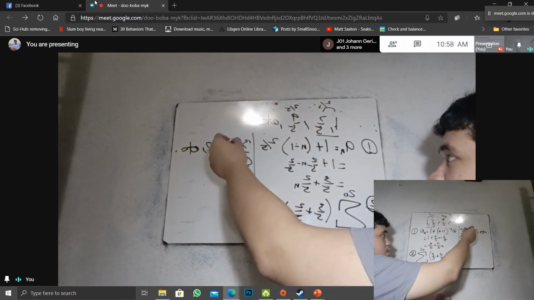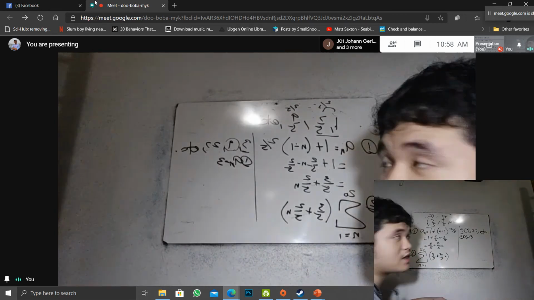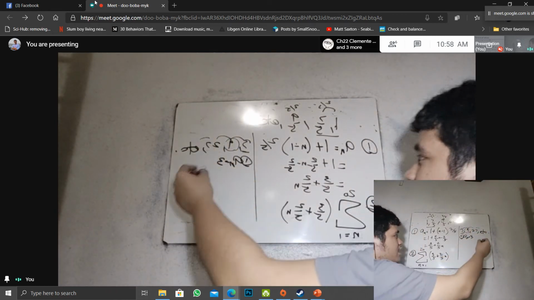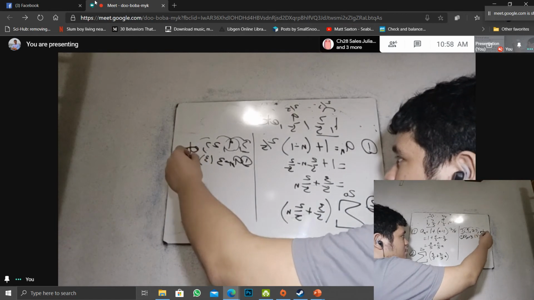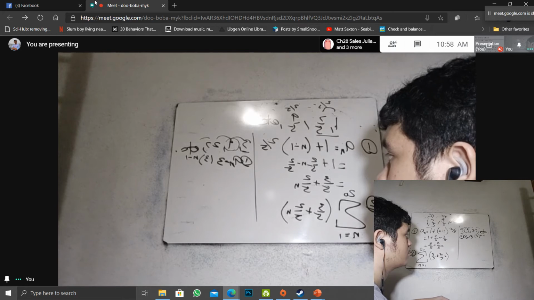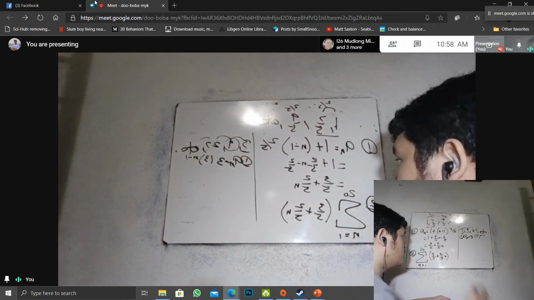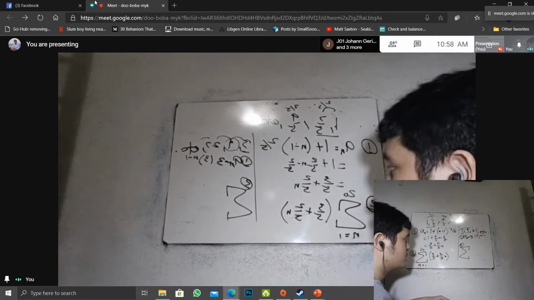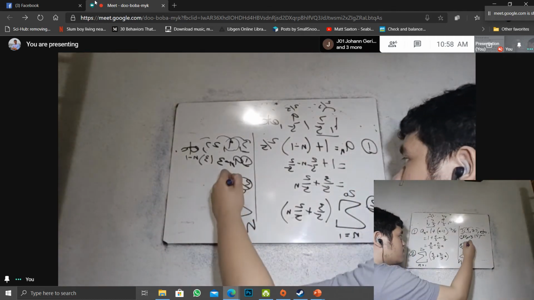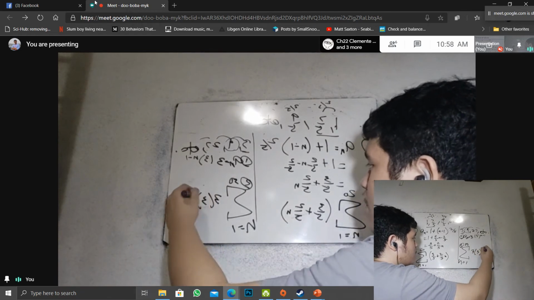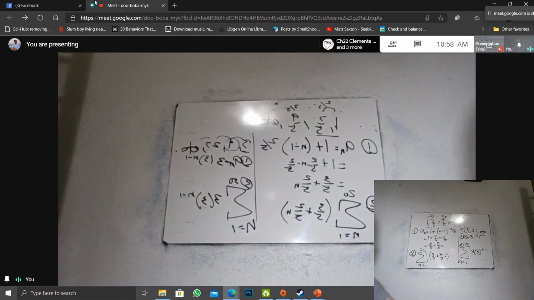Ang r natin is 3. So, number 2, ang summation, gusto ko first 30 terms, n equals 1 to 30, 3 times 3 raised to n minus 1. Yun lang. As simple as that. Nakuha na?